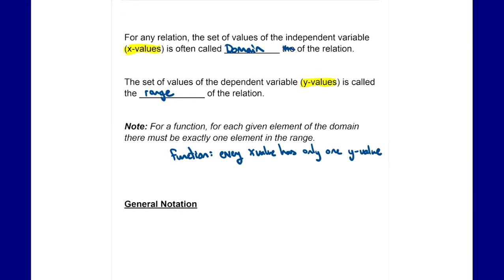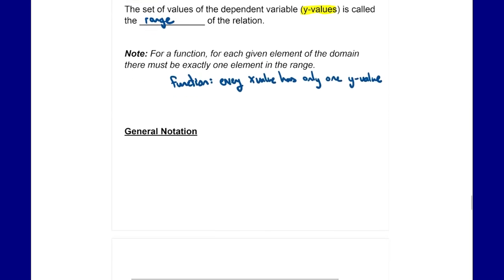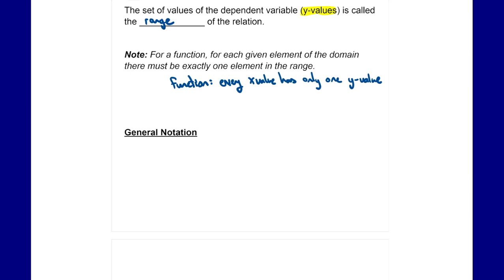When we're writing the general notation for domain and range, it's going to look a little bit weird, but it's going to take into account everything that we talked about. Right? So the domain is referring to the x value. So we're going to use squiggly brackets, and squiggly brackets mathematically allow us to refer to a set of values.